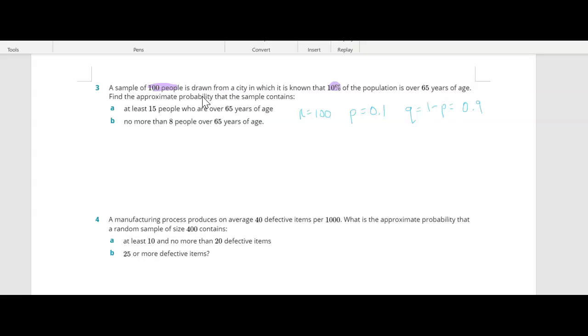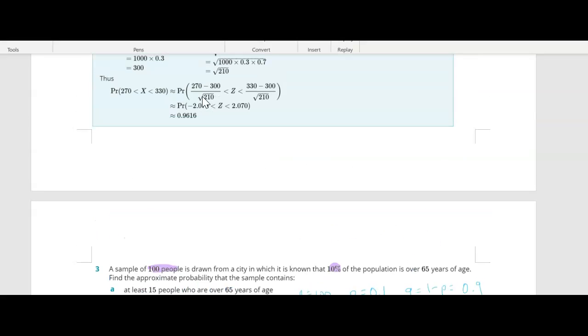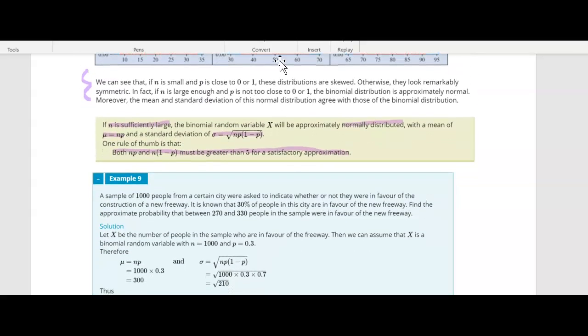All right, so let's work out the mean. So for binomial distribution, it's n times p. So in this one, we're going to have 100 times 0.1, which is 10. And let's work out the standard deviation. So that's just the square root of n times p times q. Now, if I just go up here quickly, remember 1 minus p is also q.